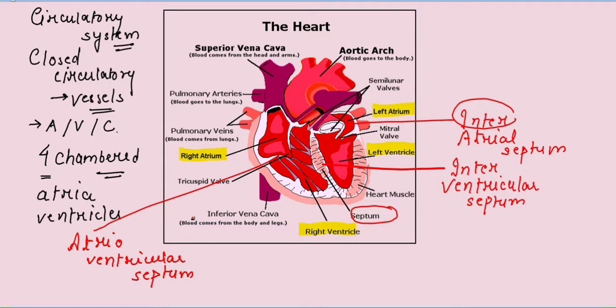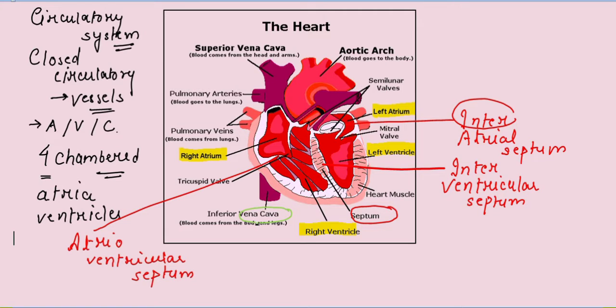Now four major blood vessels देख लें, and these are, let me change the color here if I can. See, vena cava. This is the major vein, and it is divided into superior vena cava and inferior vena cava.